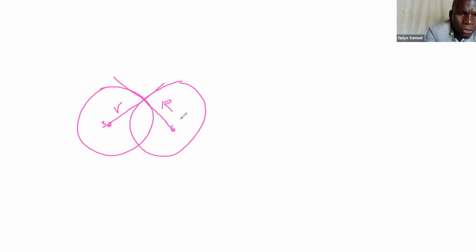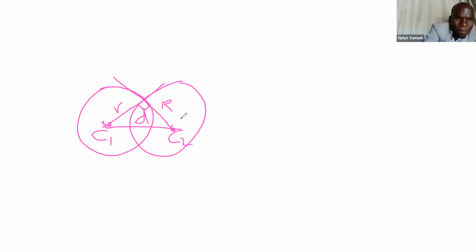So when you join these two centers, say C1 and C2, the distance between the two centers, call it D. This is orthogonal, meaning we have a right angle triangle there.